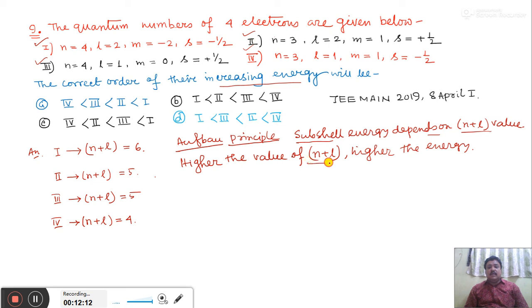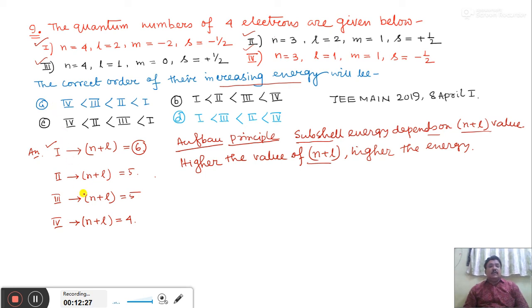The higher the value of n + l, the higher the energy. Here the maximum n + l value is in case of 1. So 1 has maximum energy. So options A and C may be the right one.